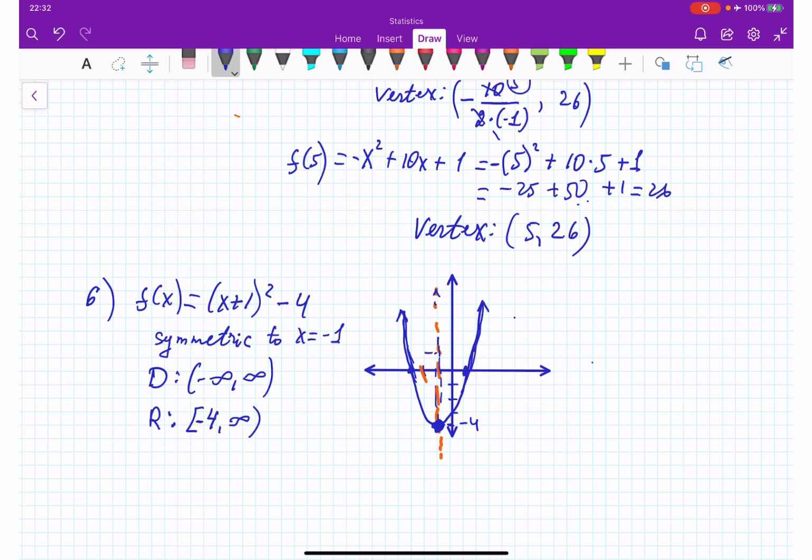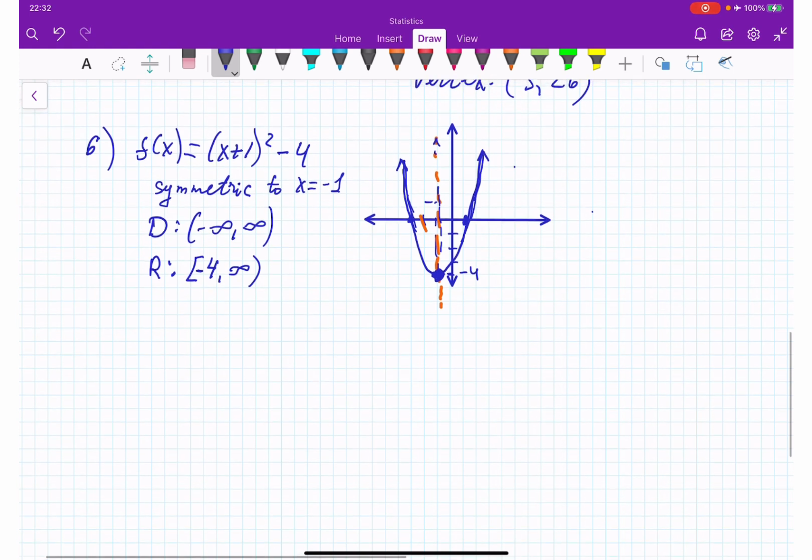Next. Question number 7. We have the following graph.